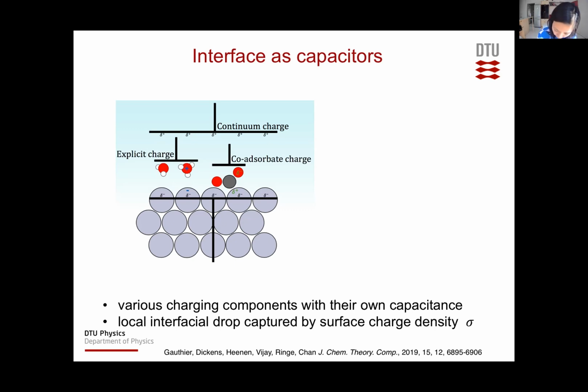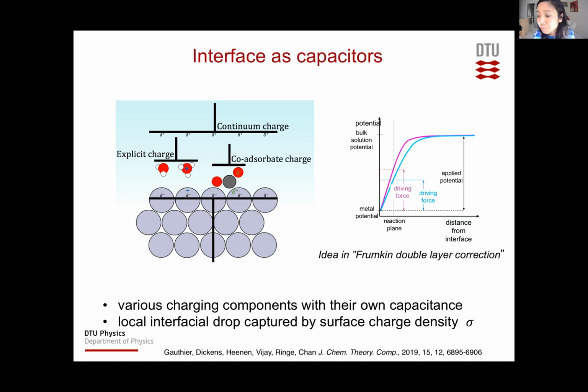And what this actually means, and I'm taking a playbook out of Frumkin here, out of his double layer correction to kinetics, is that for a given macroscopic applied potential, the presence of all the different charging components means that the local driving force is not a one-to-one relationship with the applied potential.